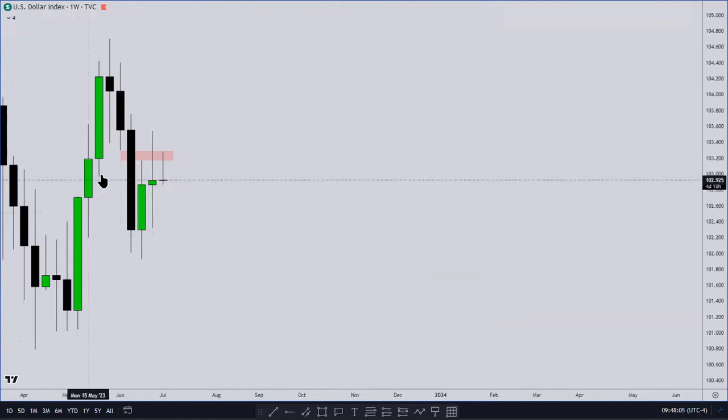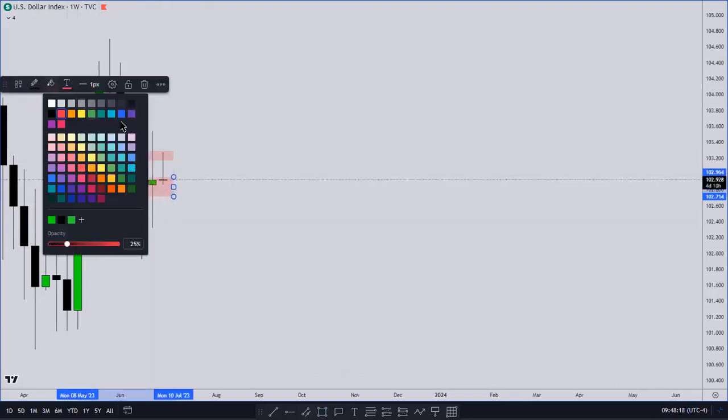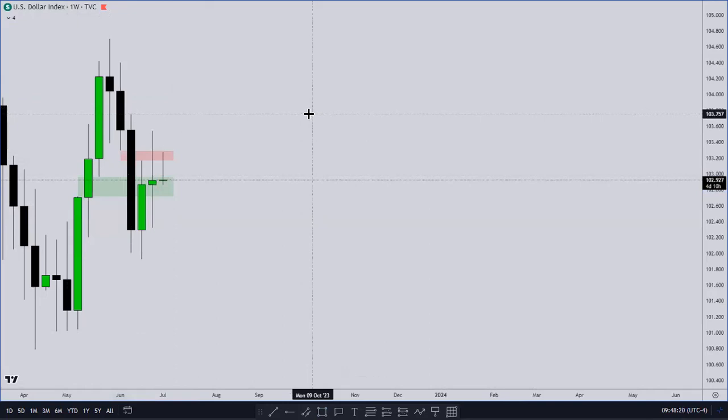We also have this BC here, but I think we have used it pretty much. I will still outline it because it is a weekly level. It will be used this week as well if it's supposed to. So let's outline it.